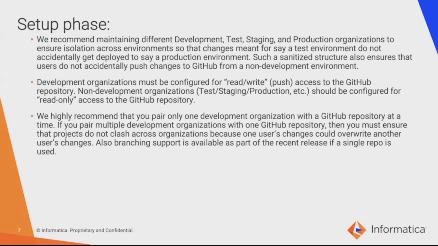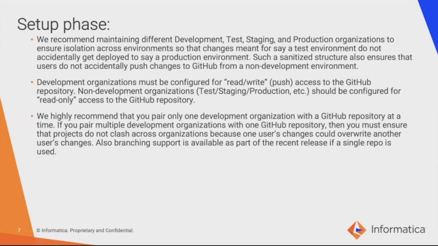The other setup that you would do is at an administrator level, you would obviously configure the GitHub repository. We would shortly see that in the demo soon. And at an individual user level, you would want to set up your GitHub credentials, for example, where you could get your personal access token from GitHub and configure that in your profile settings. That way, you clearly have tracking and auditing as to who checks in the code, who has made these changes, and so on.